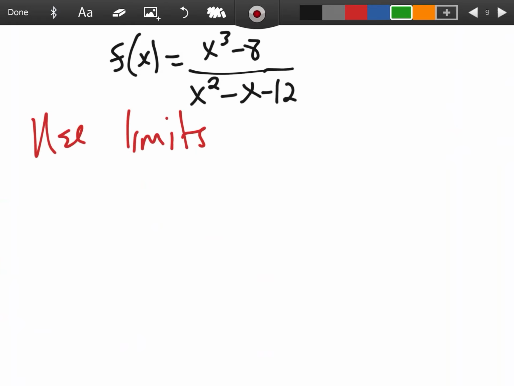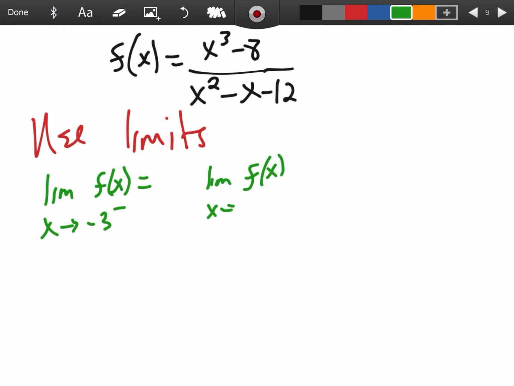We've got a lot of limits to do for this one just because we have 2 vertical asymptotes. So our first one occurs at x equals negative 3. We'll approach that from the left, and we'll approach that from the right as x approaches negative 3 from the right. Then we have one at 4.